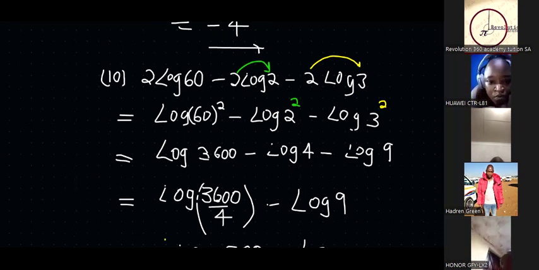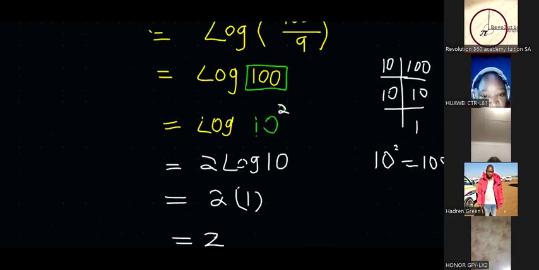I think it's the reverse of law number 3. Just that I want to write it down for you. The reverse of law number 3, if I'm not mistaken. Yeah, I'm correct. It's the reverse of law number 3.